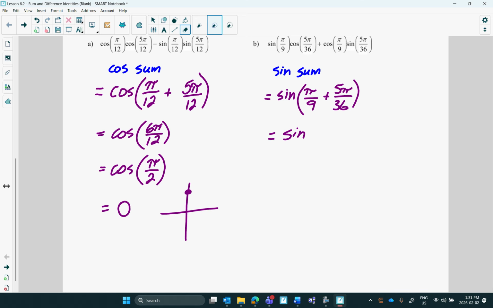Can I add these two? Times 6 on the first one? Yeah, because we're trying to get to the, oh, not 6, 4. Yeah, multiply the first one by 4, top and bottom, to make common denominators.